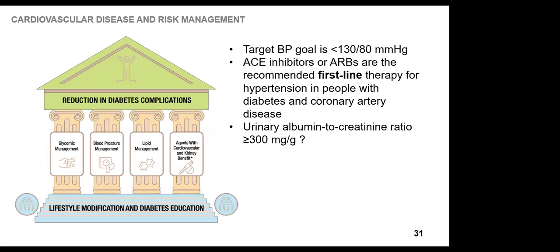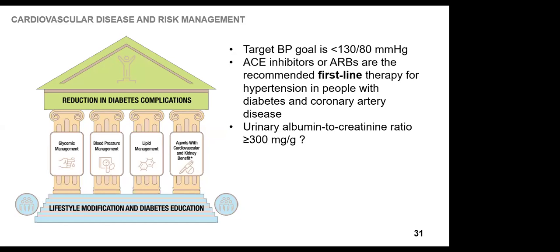In patients with cardiovascular disease, you want to make sure you do lifestyle modification and educate them. The BP goal in patients with hypertension and diabetes is usually less than 130/80 millimeters of mercury.